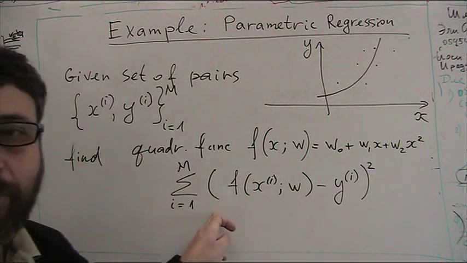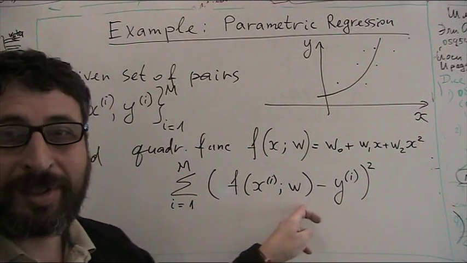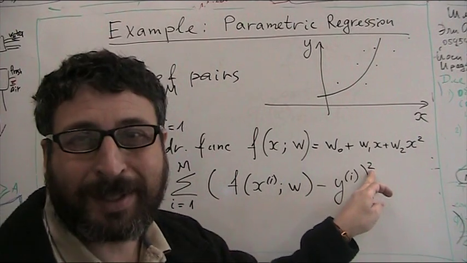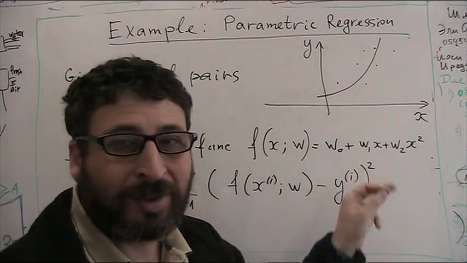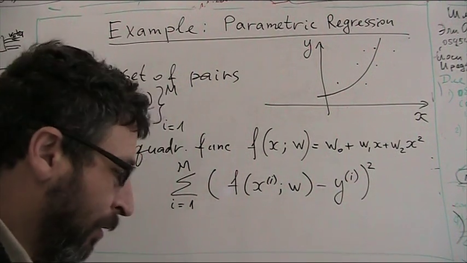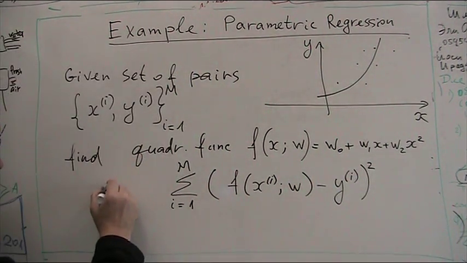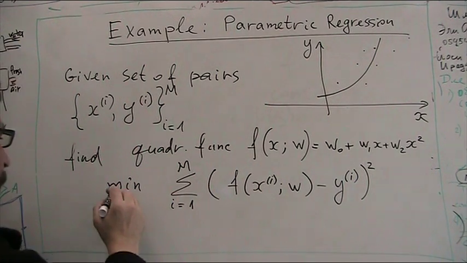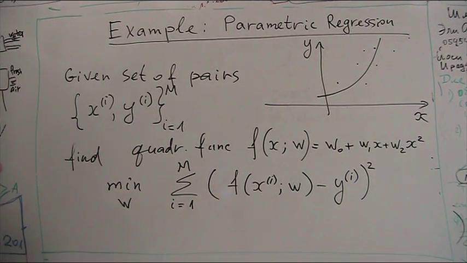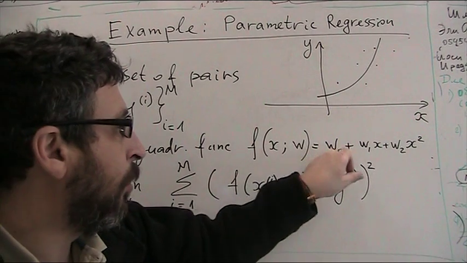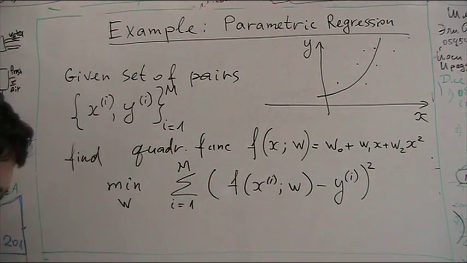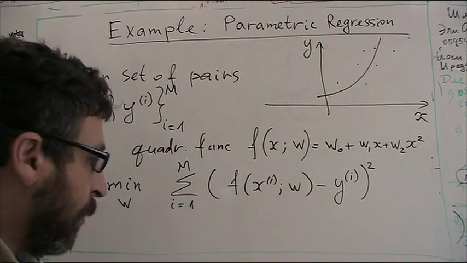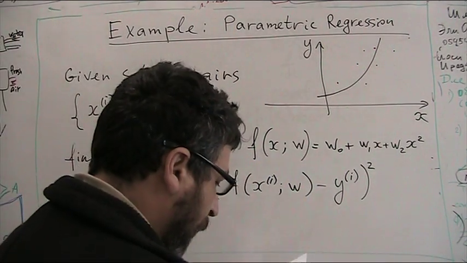I'd like to minimize the mean squared error, although in many other applications, instead of the square, there may be different penalties for error value. And I'd like to minimize this expression over my parameters, minimum over w. w is a vector of w0, w1 and w2.